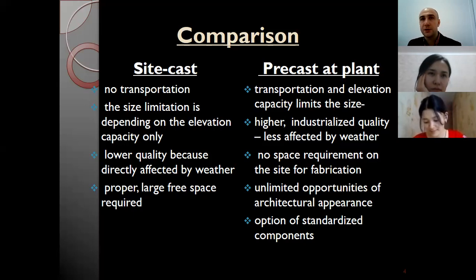When we need to decorate the external part of the building, to create the shape of the building or maybe some style of the building, fiber concrete is one of the best solutions, and it cannot be created or constructed on the construction site. There is only one solution. It is to use the precast at the plant.